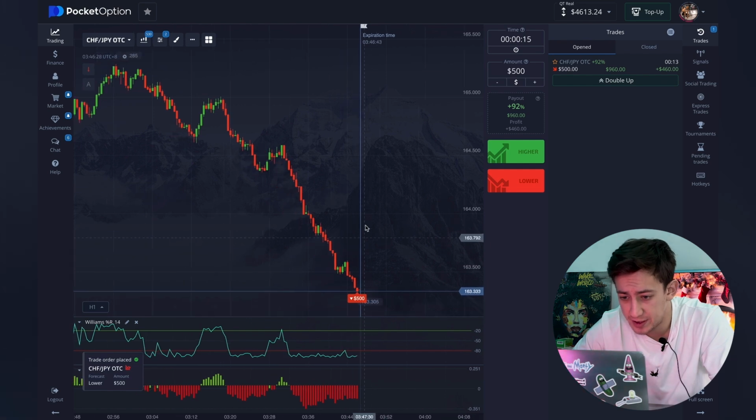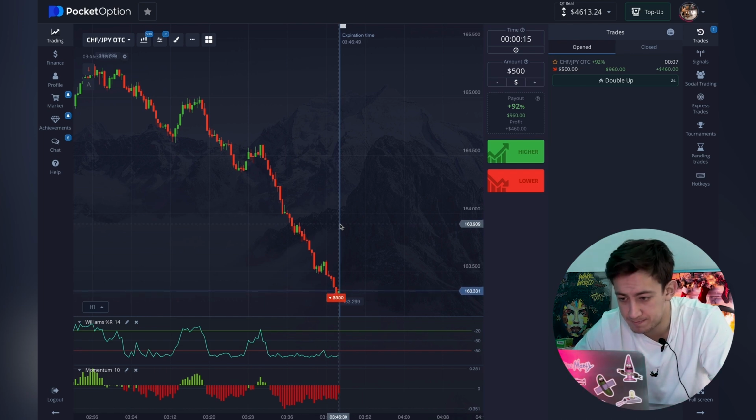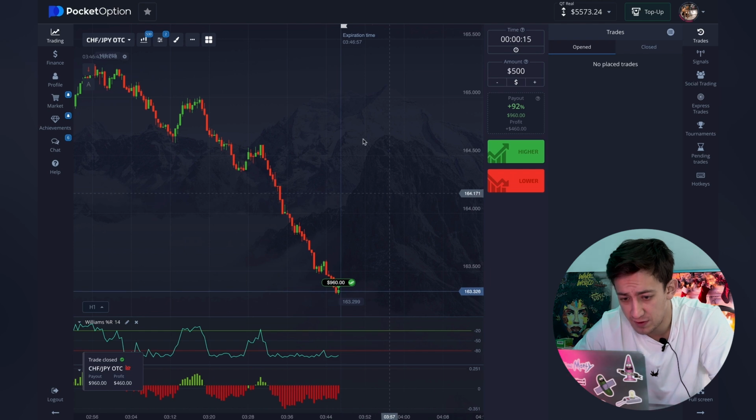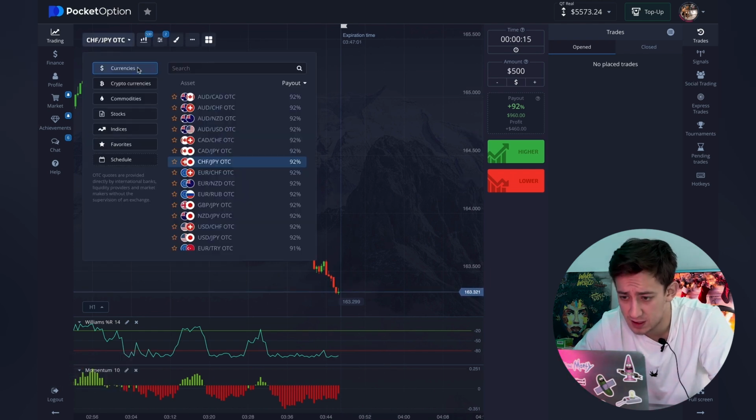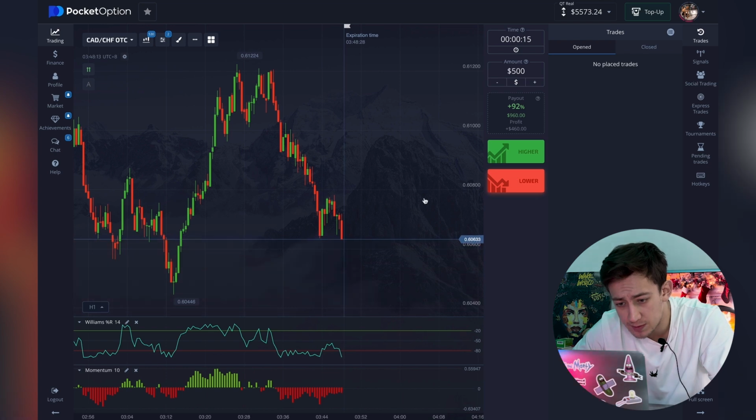The Swiss franc Japanese yen currency pair, perfect movement in a bullish trend. Both indicators show a downward trend. I enter a trade and expect a profit. Profit again. Oh, it's cool, guys. And let's move on. The Canadian dollar Swiss franc currency pair, both indicators again show a bullish trend.